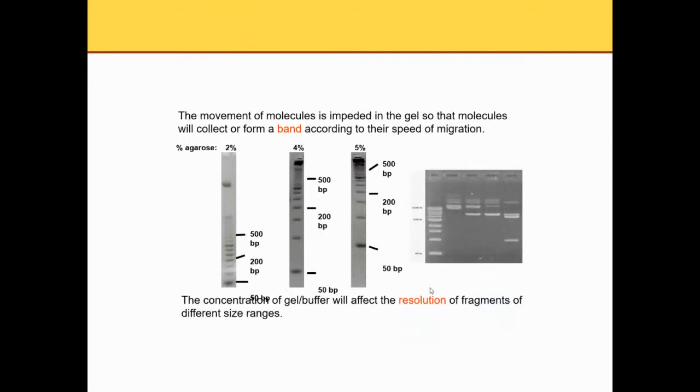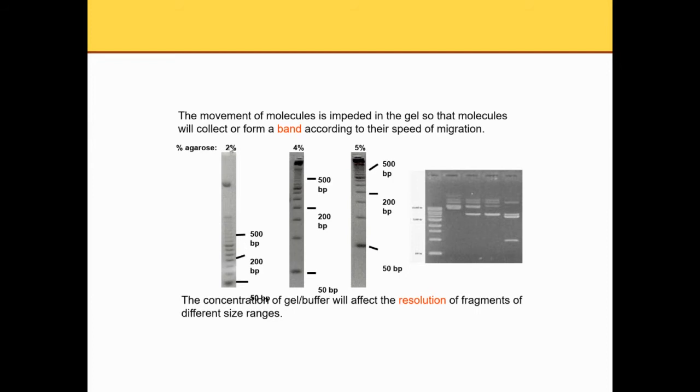And the different percentage of agarose also can provide a different resolution of the fragment. So if the percentage is low, that means the pore size is large. The pore size is large, then it's difficult to resolve the small DNA molecule.